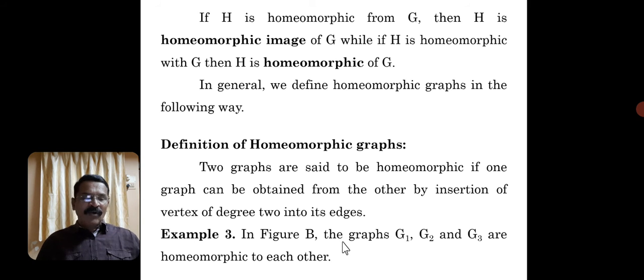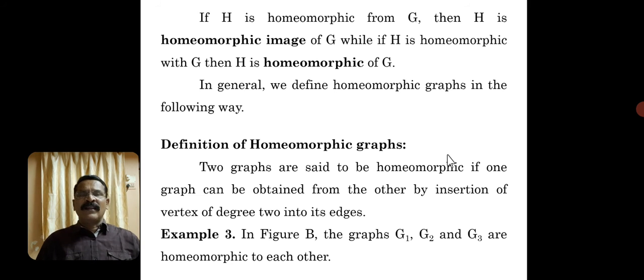In general, G1 and G2 are obtained from G3 by inserting a vertex of degree 2 in its edges. It is not compulsory in each edge; a few edges, in general. So the graphs G1, G2 and G3 of figure B are homeomorphic to each other. Very simple concept.